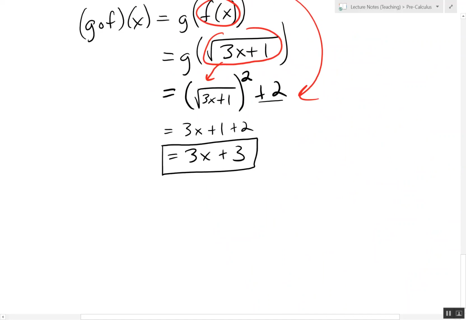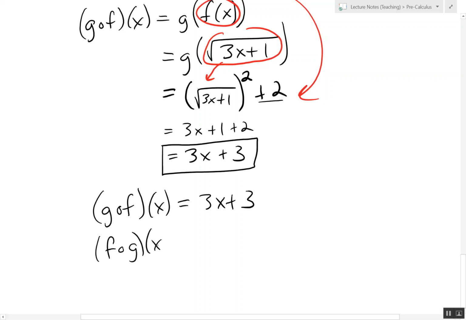So here, we have that g of f of x from this calculation right above is 3x plus 3, but f circle g of x is equal to, and let's paste in what we copied. So erase that, bring this over. So f circle g of x equals the square root of 3x squared plus 7.